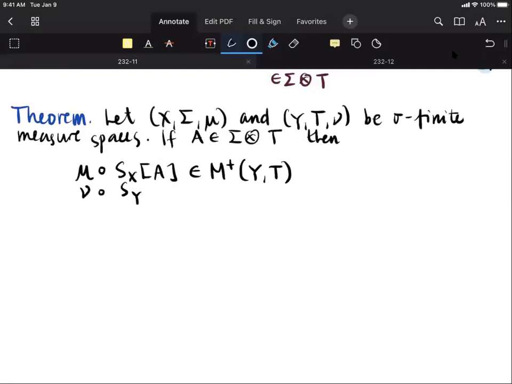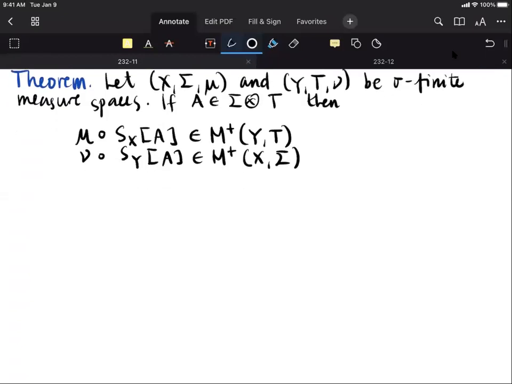And analogously, you have for the section on y, but now this is a measurable function with respect to x. And well, non-negativity follows immediately from the fact that measures are non-negative. Moreover, we can calculate the Lebesgue integrals.